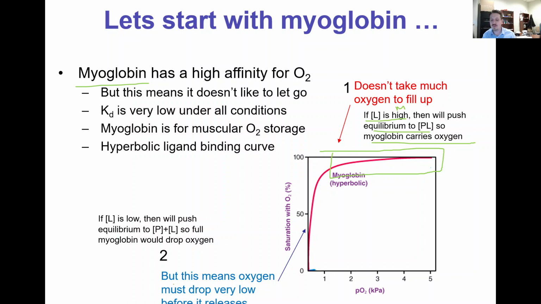But it does mean that the oxygen needs to drop very low before it will release, because if L is low, then by Le Chatelier's principle it'll push the equilibrium to P plus L, and L is oxygen. So it's letting go of ligand, it's breaking apart. It will only break apart when Le Chatelier's principle dictates that L drops low enough to push it over to the left.